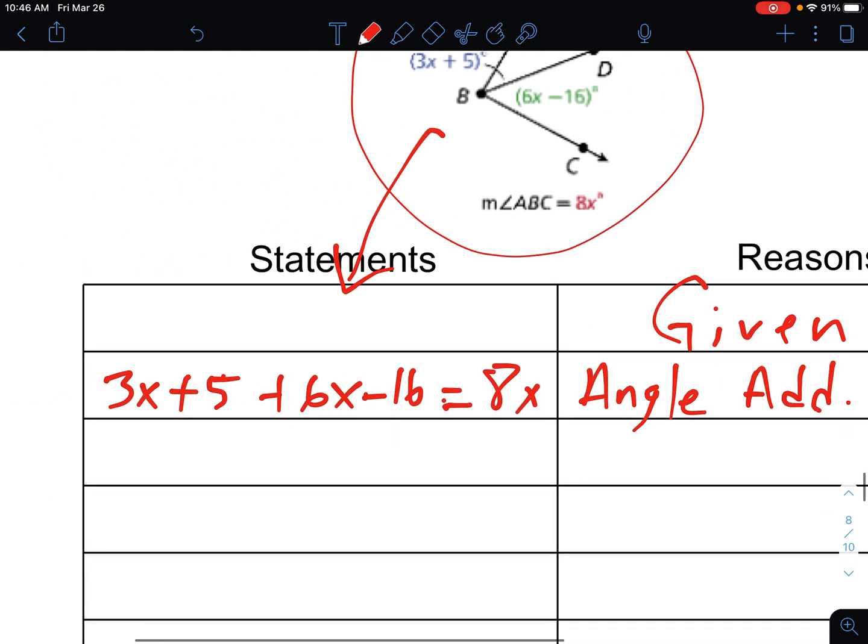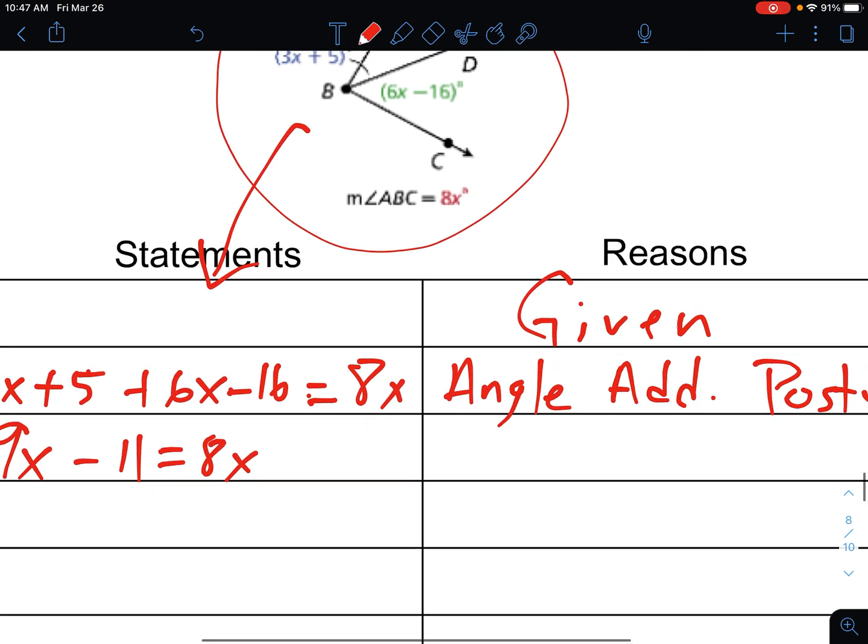All right, and then from here it's the algebra, right? So we did the geometric proof, bam, right there. So we would add the 3x and the 6 together, 9x. 5 minus 16 is negative 11. Yikes. 8x. And then all we did was combine our like terms.